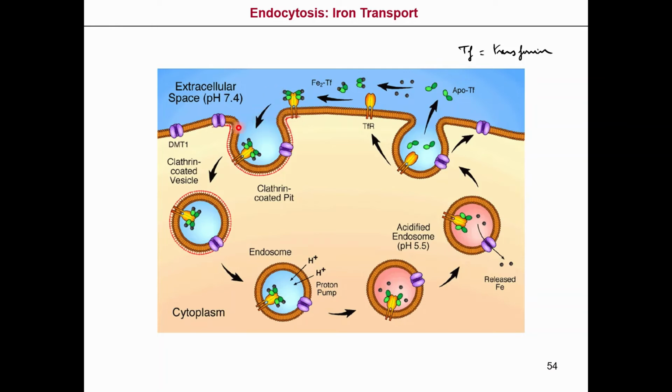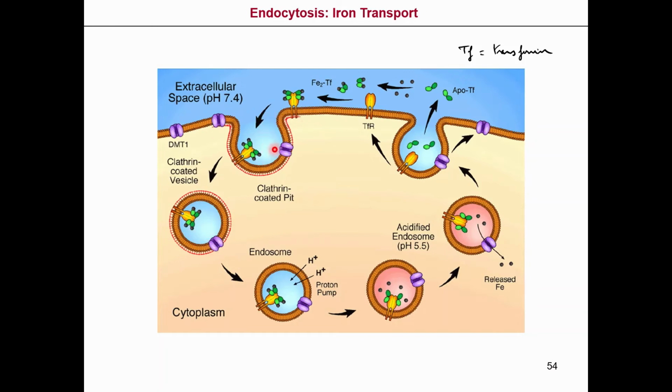Okay, so the interaction between iron-transferrin and its receptor will form the endosome. The membrane will be fluid and form an endosome.